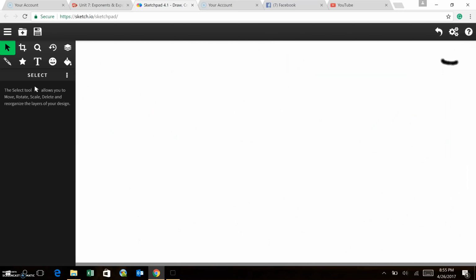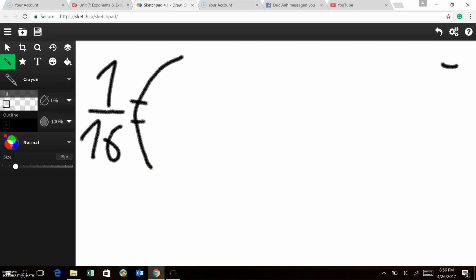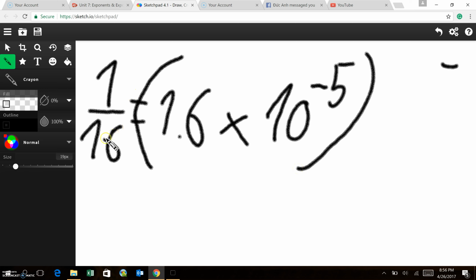So I'm gonna take 1 over 16, which is the length of the penny, and then multiply it by 1.6 times 10 to the negative 5. So what I'm trying to do here is turn the penny's inches into miles, so I can know how many miles 1 penny is.